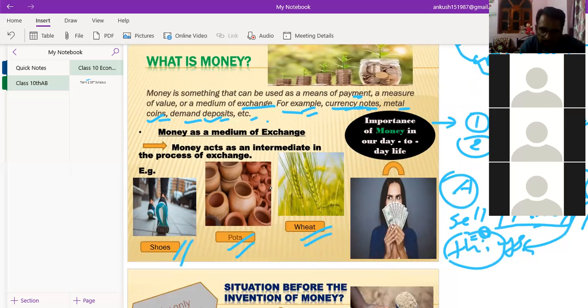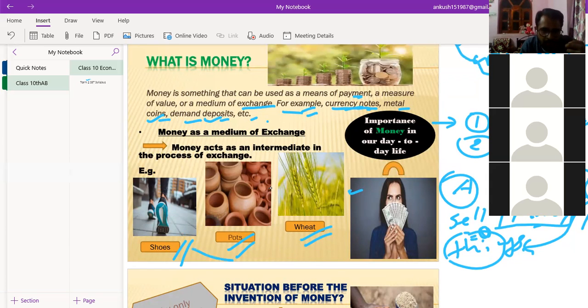Here the person who wants to sell the shoes, suppose he wants some other things as well. The shoes manufacturer wants to purchase pots or wheat.